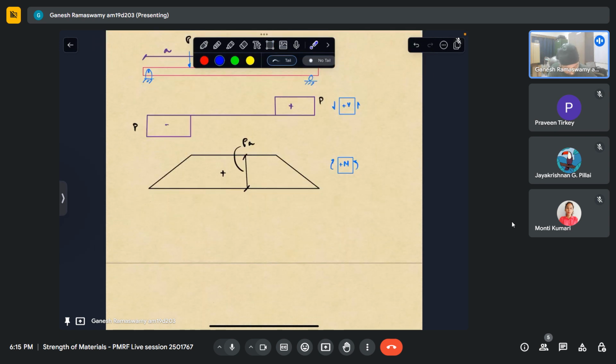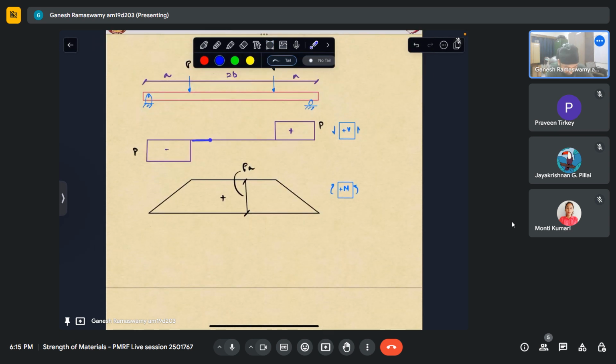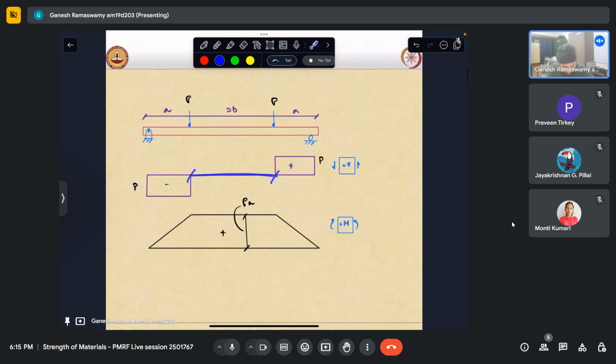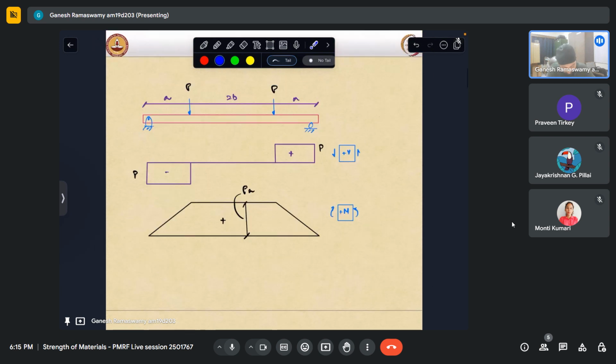So what we observe here is in this portion of the beam in between the loads, and of course we are looking at sections that are sufficiently far away from the loading point so as to not go into stress concentrations and things like that. In this portion, the beam will deform something like that.